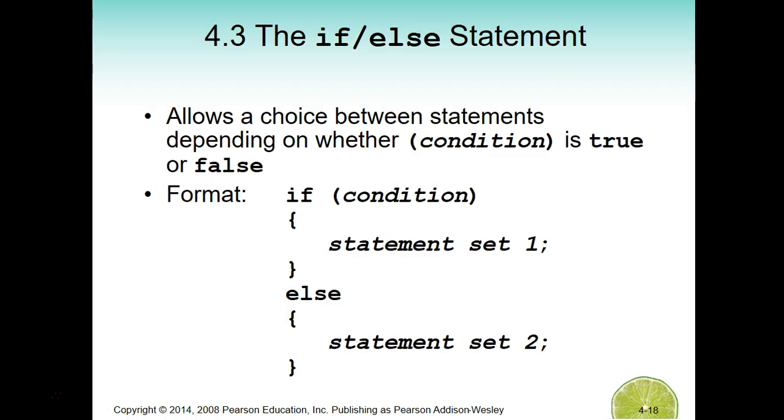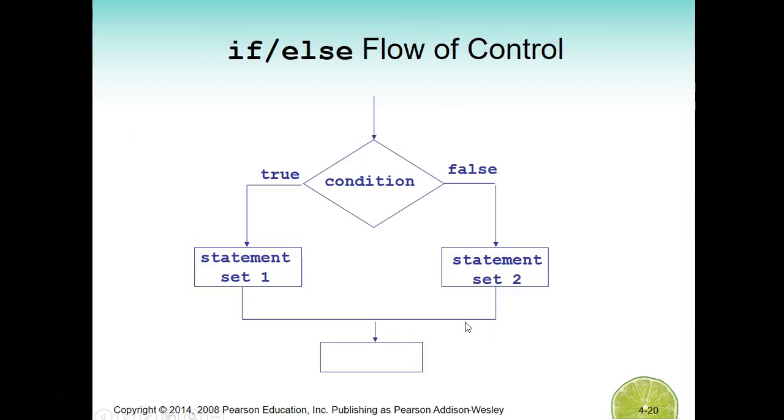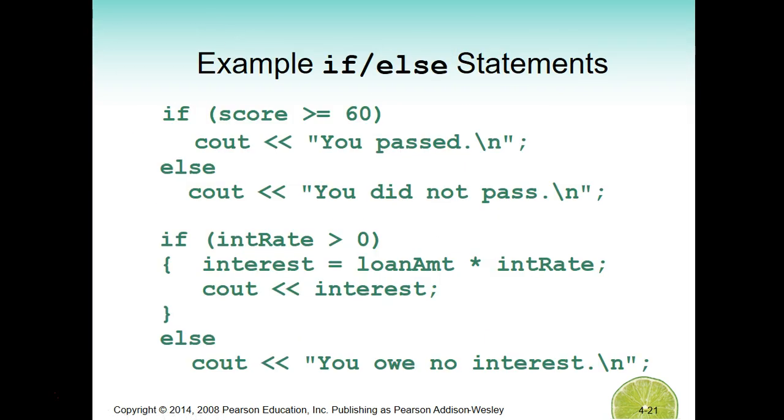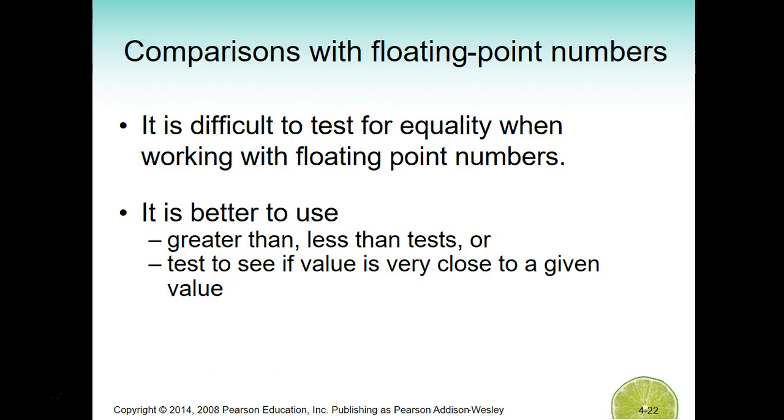In code, it looks like this. If the condition is true, do everything in this first set. Otherwise, perform the actions in the second set. This is a dual selection statement. There are some examples here, and we will also look at examples via the source code files from the textbook.